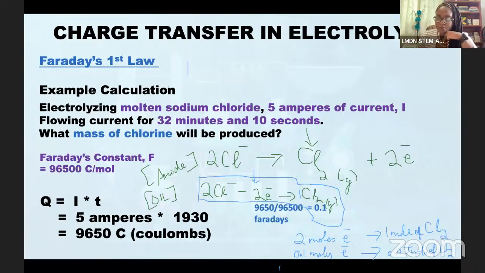9,650. So that would be 0.1 Faraday. 1 Faraday is required to remove 1 mole. 0.1 Faraday is gonna produce... 2 moles gives us 1 mole, so that's half the amount.